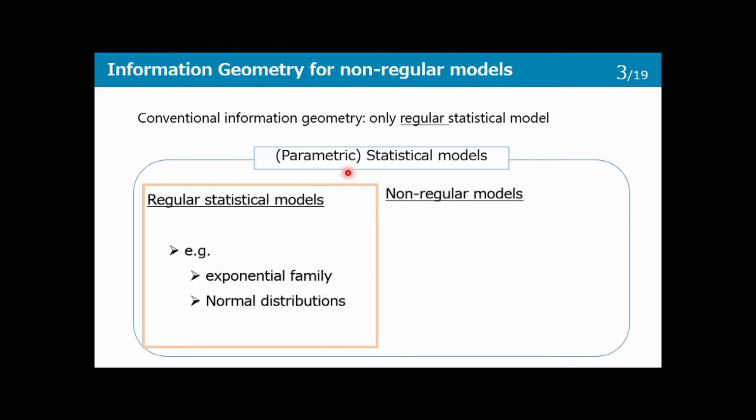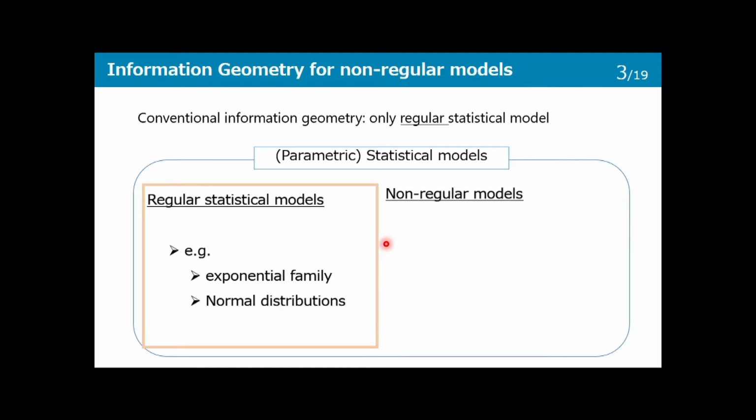Let us see the non-regular statistical model in information geometry. Information geometry has revealed the deep relationship between statistical models, statistical theory, and geometric structure. However, conventional information geometry focused only on regular statistical models, especially the exponential family.